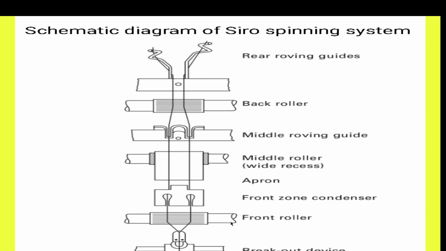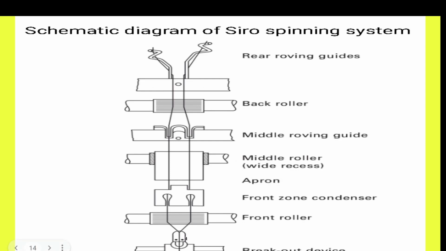This is our front roller. This is the first drafted strand, the fiber ribbon. This is the second fiber ribbon, and after this point both rovings come out here, and this is the breakout device.